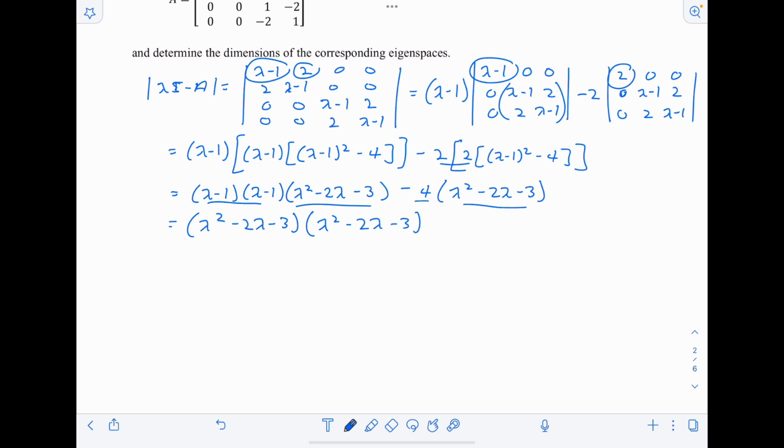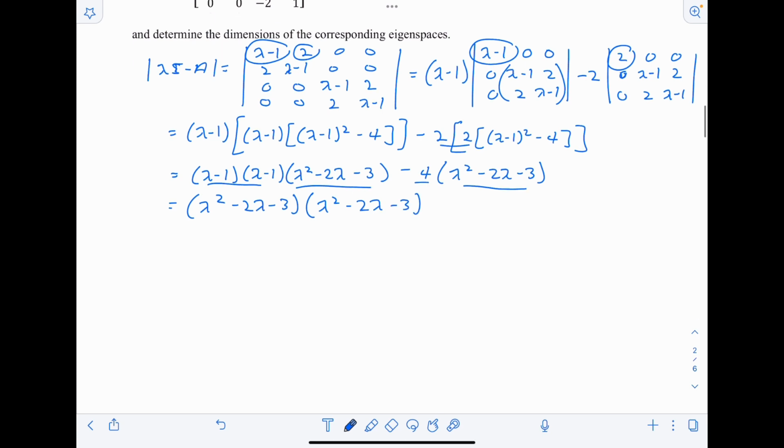We get the same thing. So this factors, one of these factors, lambda minus 3, lambda plus 1. So obviously the other one factors the exact same way. So what we end up with is lambda plus 1 squared and lambda minus 3 squared. So this whole thing boils down to that.